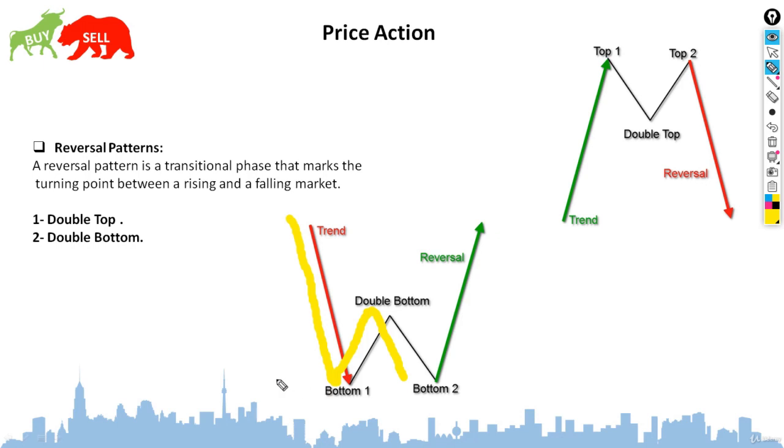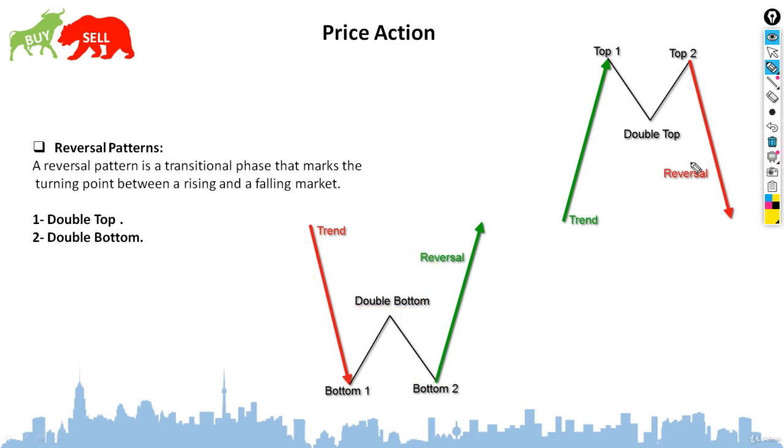It will try to break down this previous bottom, and it cannot do that and reverses up. We can confirm that this is a true double bottom after it breaks up the previous top and tests the previous top. So we qualify this as a confirmed double bottom.